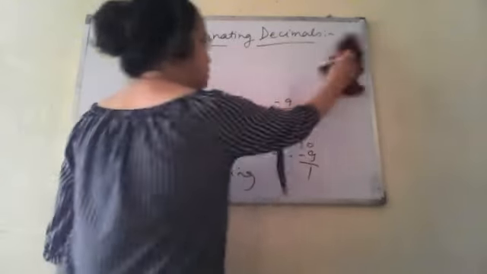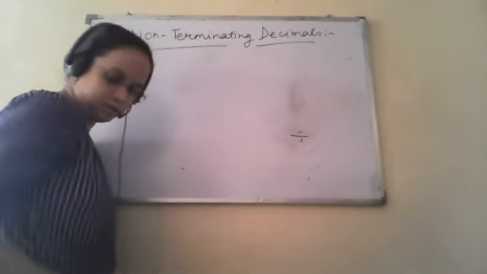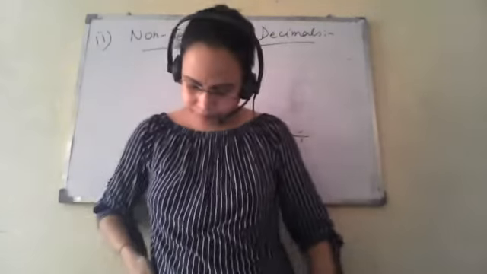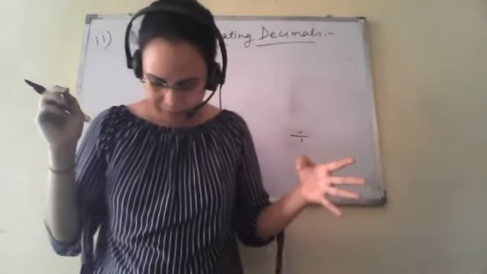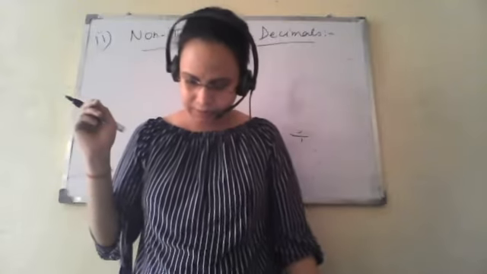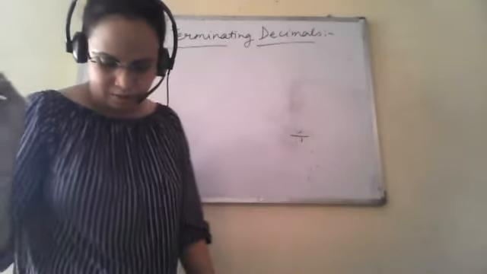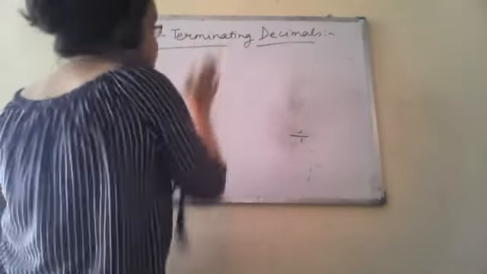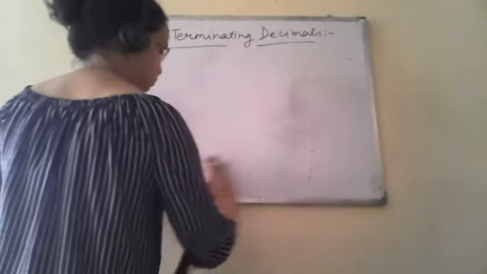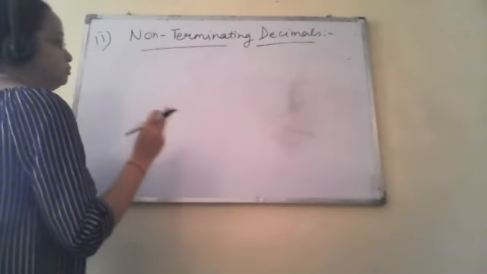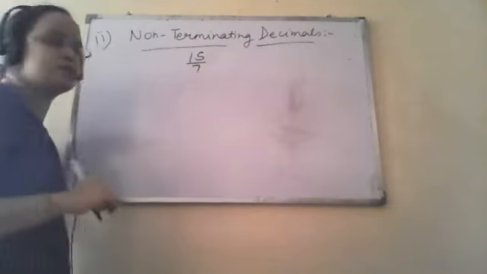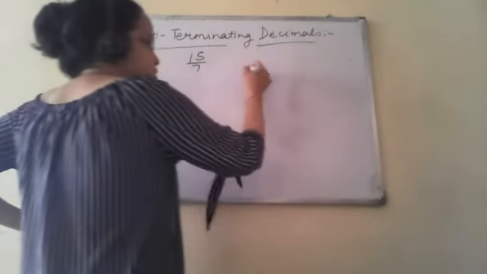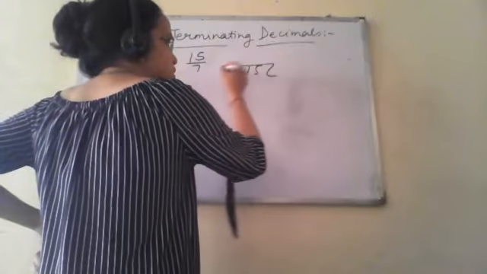Now a few things have to be kept in mind. See this example, 15 upon 7. So we'll do the division.